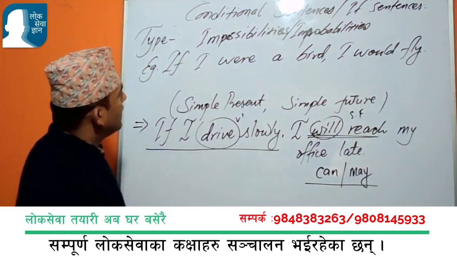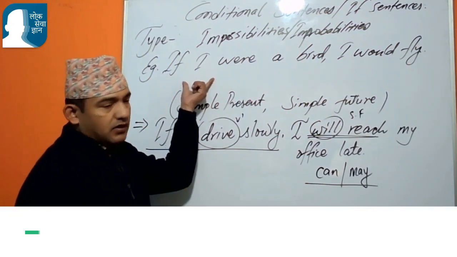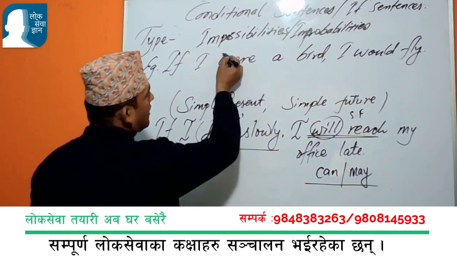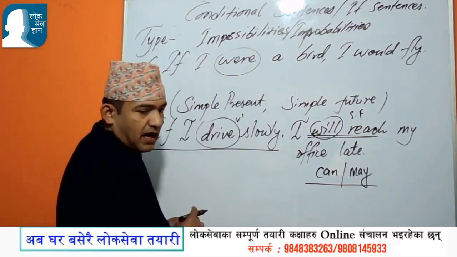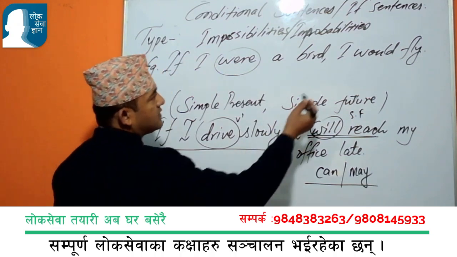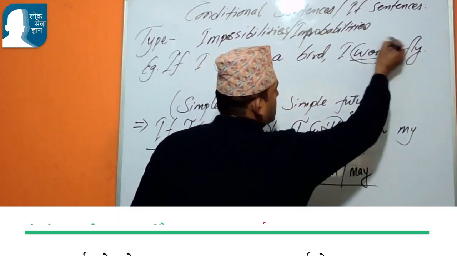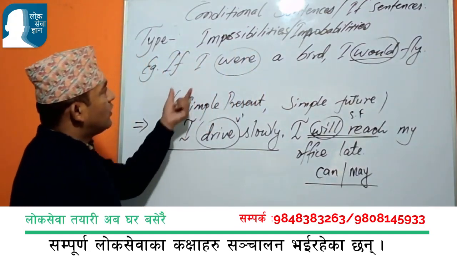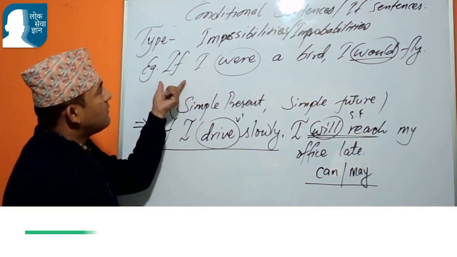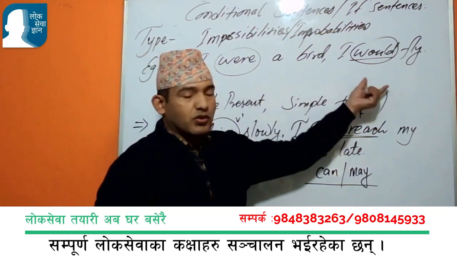So look at here. In the if clause, you can see simple past, and in the main clause you can see would. So this is, if I were a bird, I would fly.